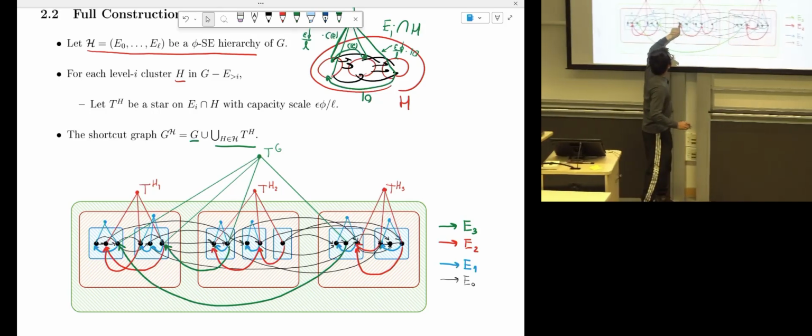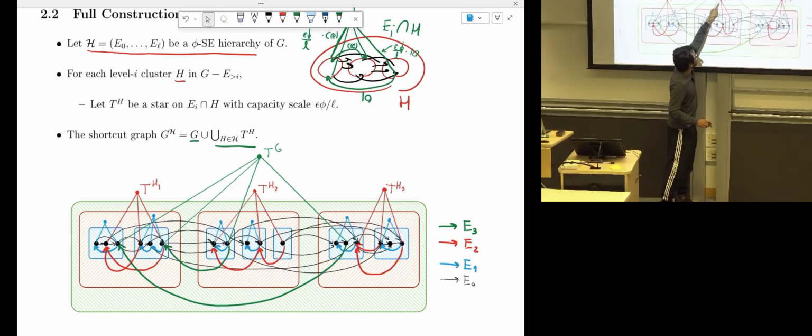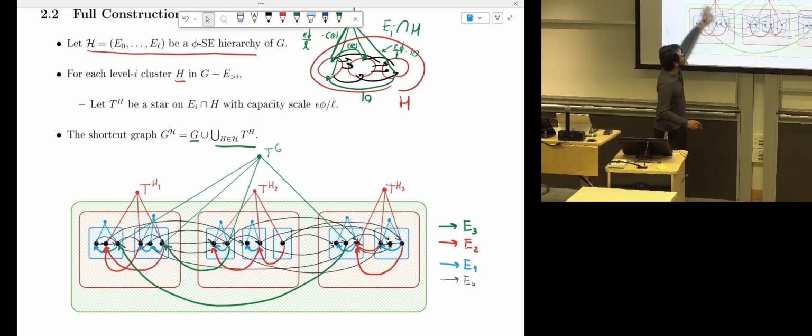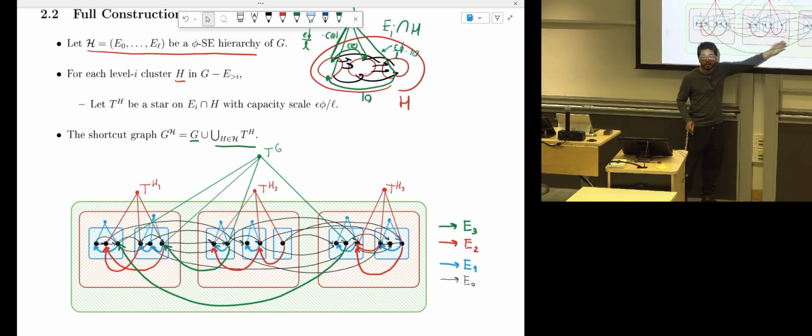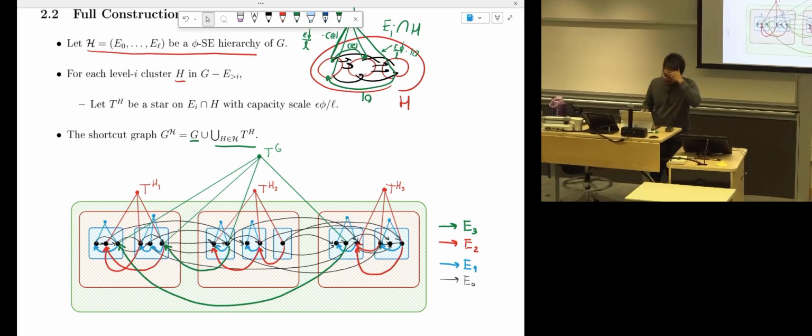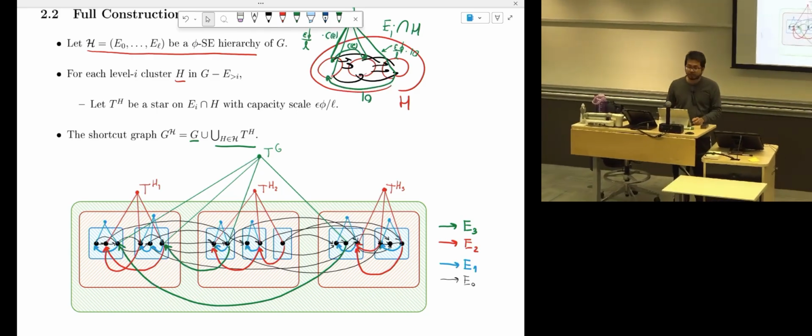Have this cluster, I add a star that connects to the endpoint of the red edges. And same here. And there is a green star too, which is just for the whole graph, and it connects to the endpoint of all the green edges. Just add a star like this for every cluster.